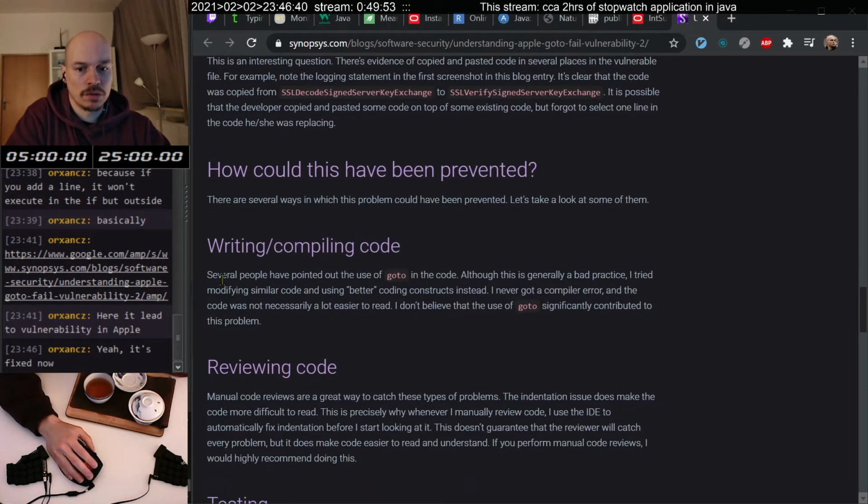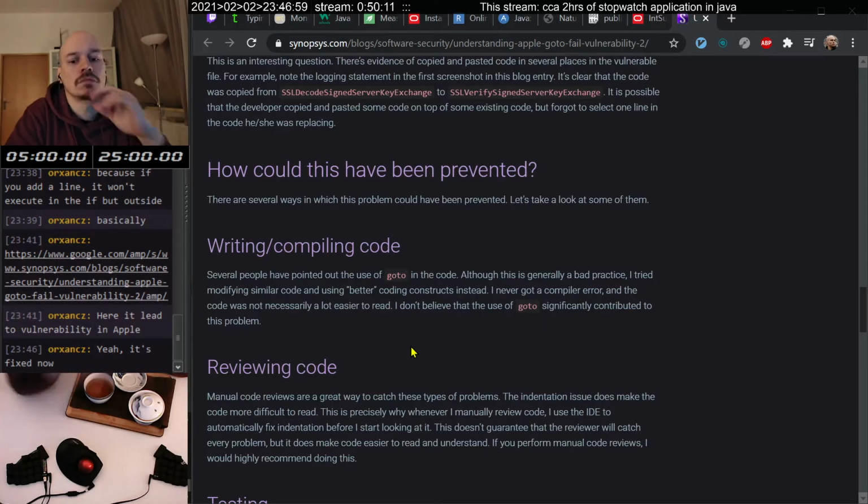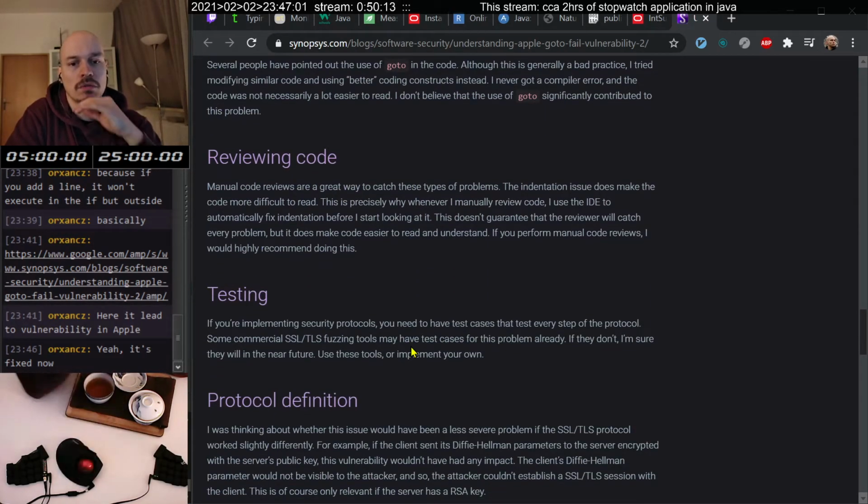Writing, compiling code. Okay, reviewing code.